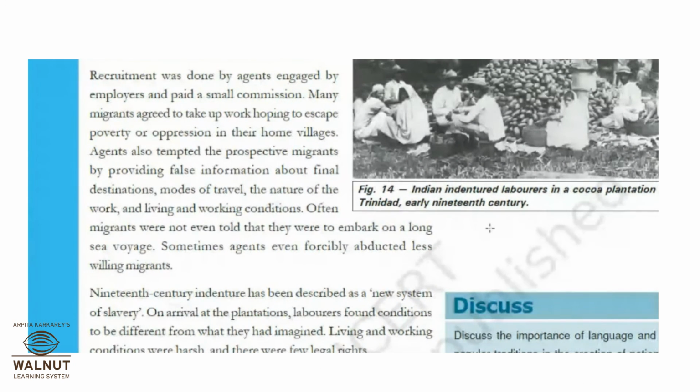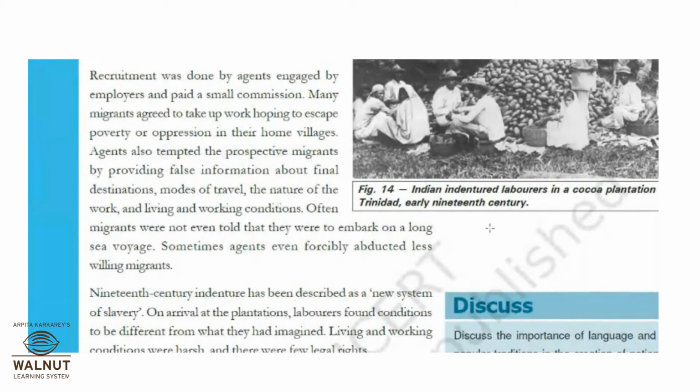Agents also tempted the prospective migrants by providing false information about final destination, modes of travel, and nature of the work and living and working conditions there. Often, migrants were not even told that they were to embark on a long sea voyage. Sometimes agents even forcibly abducted less willing migrants.